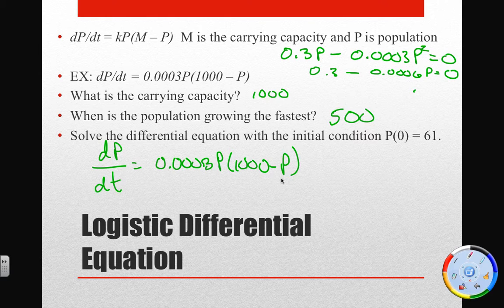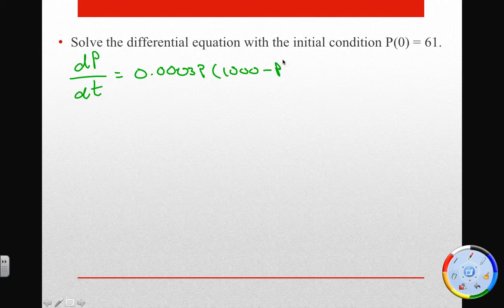How are we going to do this? I have a whole page for it. So we have dP/dt equals 0.0003, that's three zeros, P times 1000 minus P.